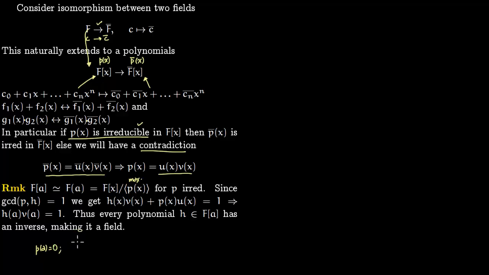So notice, what do the elements of f(a) look like? They're just fractions, f of a by say h of a. So the numerator is a polynomial and the denominator is a polynomial. So the interesting thing here is that the inverse of h will also be a polynomial. So this you can write as f times h inverse.